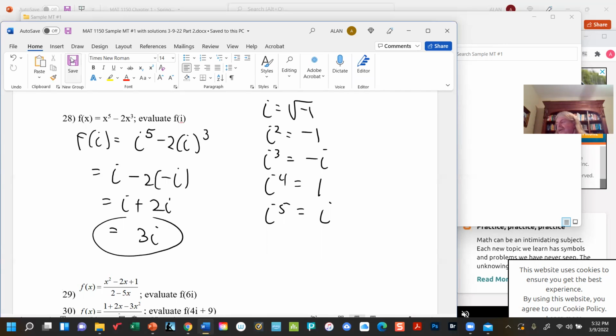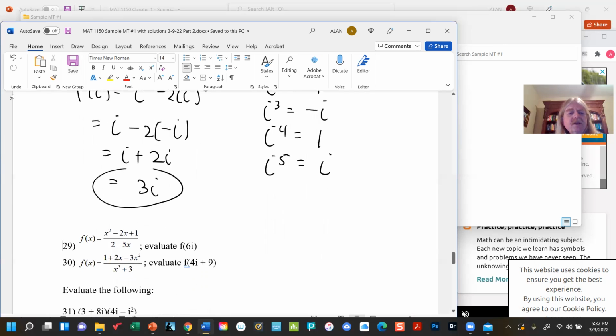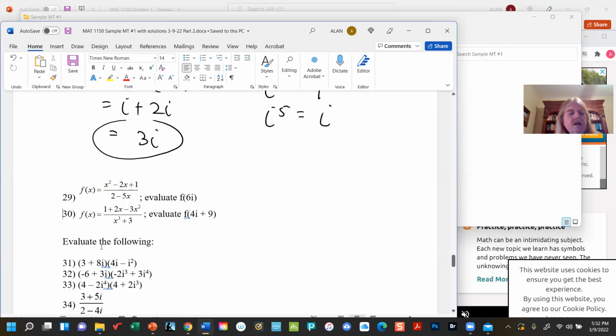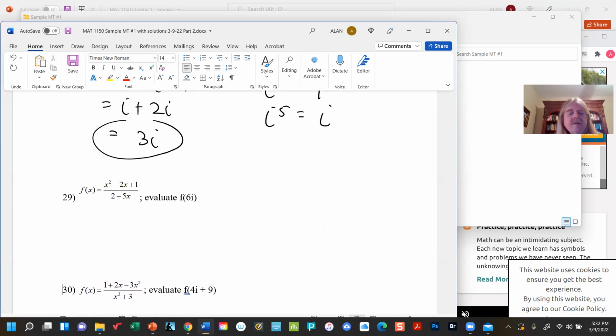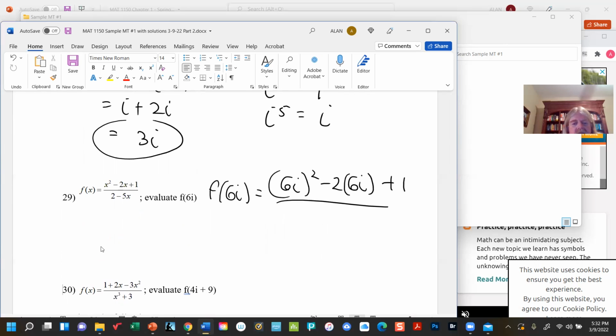Now 29. Now with division, it's going to get a little bit messier, but we may be able to use complex conjugates to simplify it. So let's see, we'll have f of 6i is 6i squared, quantity squared, minus 2 times 6i plus 1, all divided by 2 minus 5 times 6i.